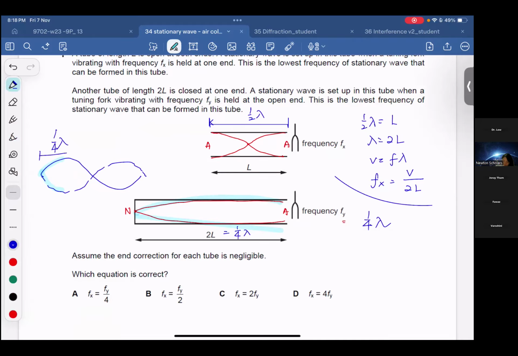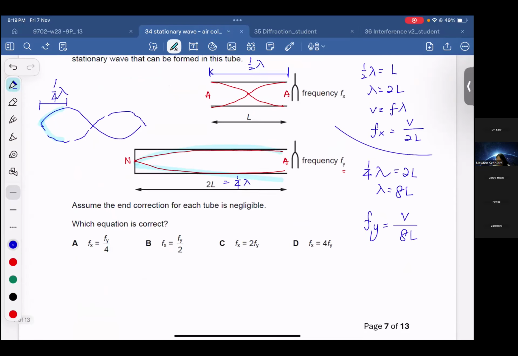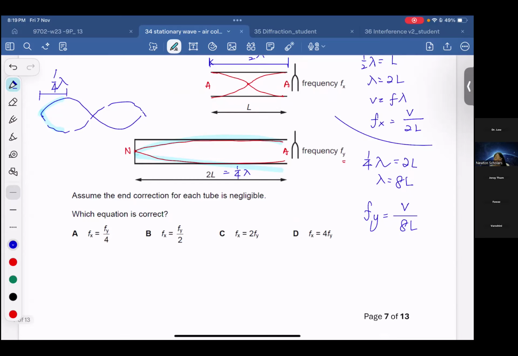From here to here equals 2L, so your wavelength is 4L. Your Fy is actually V divided by 4L. Boys and girls, their speed is the same because this is sound in the air.